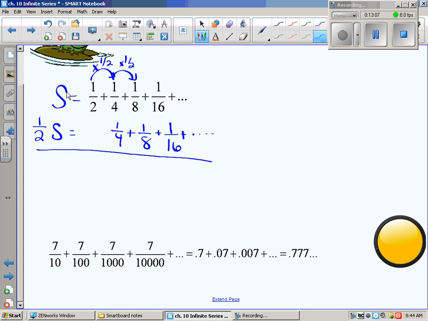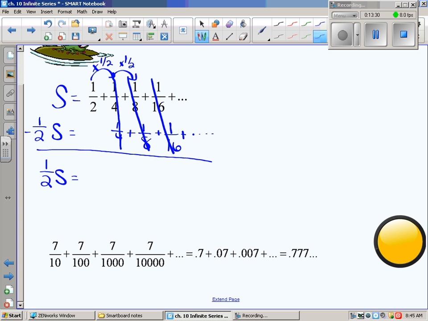And when we subtract, just like with those repeating decimals, let's look at the left: 1 minus a half, what is that? A half, so we have 1/2 S equals, what's left on the right? I hope you recognize that all the fractions are going to go away, except which term?